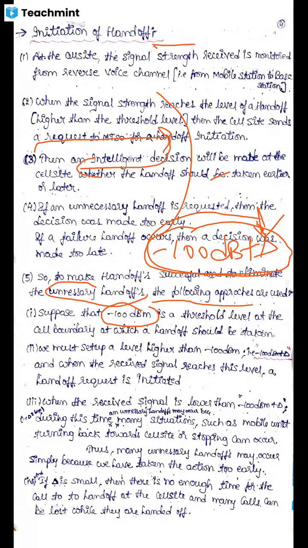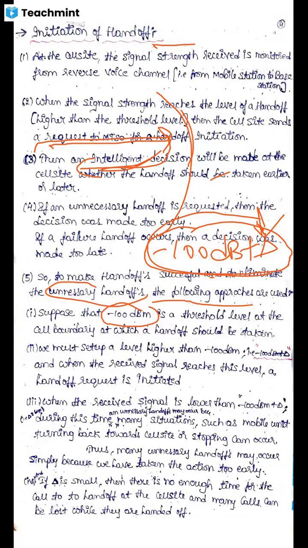It will remain in the same base station only. Or sometimes the mobile unit stops behind the threshold level. Then the handoff should not be applied because the mobile unit is within the cell site. It has turned back within the cell site area, or it had stopped there within the cell site area. There the handoff should not be applied.